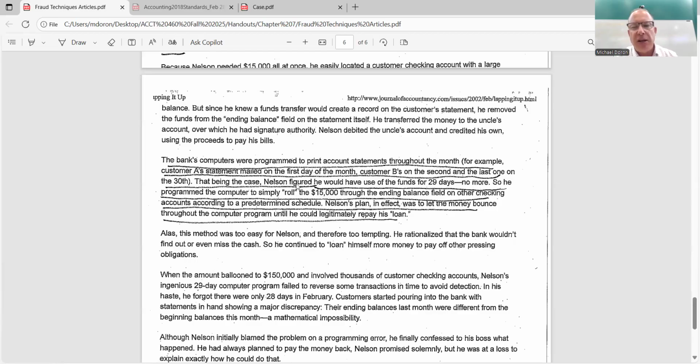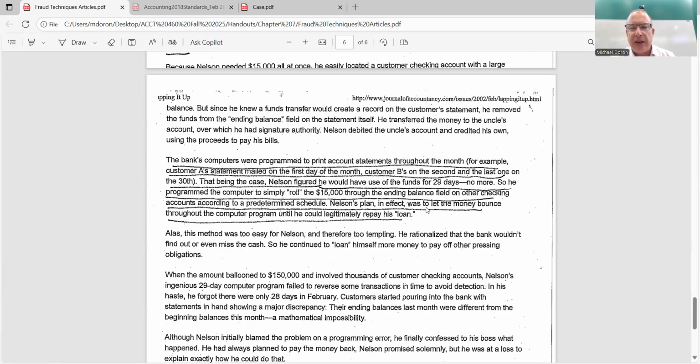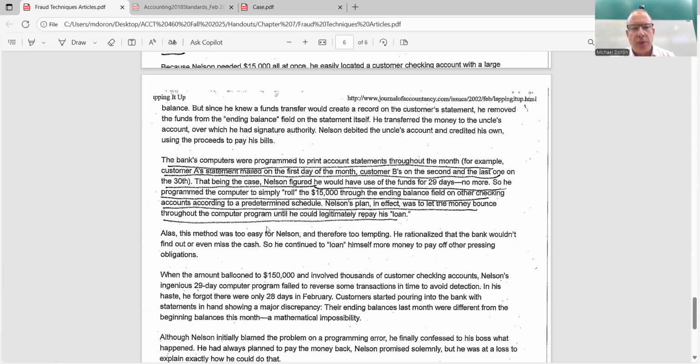That being the case, Nelson figured he would have use of the funds for 29 days, no more. So he programmed the computer to simply roll the $15,000 through the ending balance field on other checking accounts according to a predetermined schedule. Nelson's plan, in effect, was to let the money bounce through the computer system until he could legitimately repay his loan.